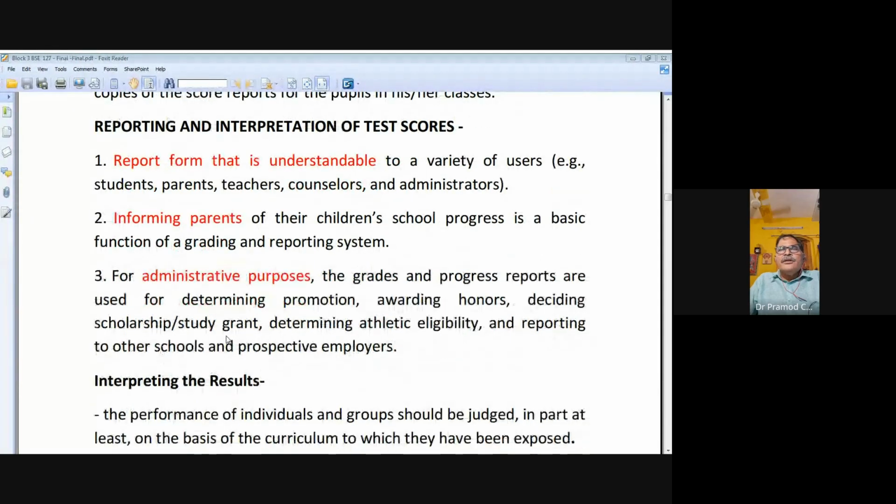But all the progress reports should be provided to the parents, because whenever we get the progress report from the school, at that time we put the signature of our parents.